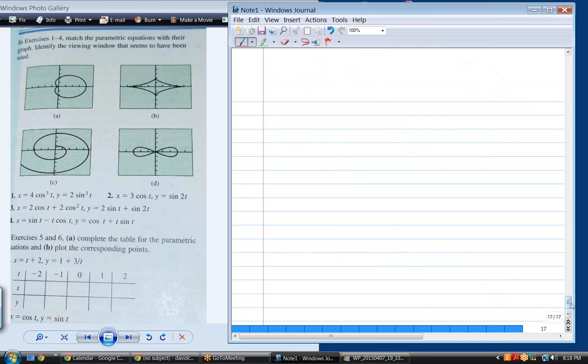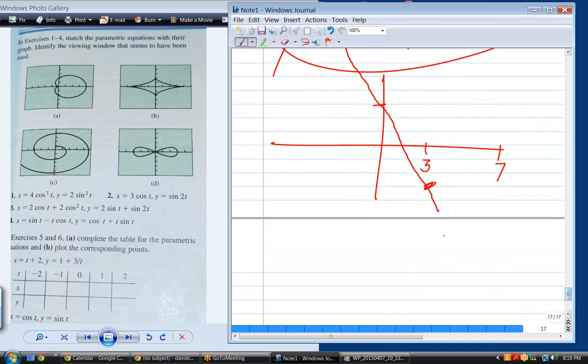In other words, the line we're looking at is not the full line, it's just this part of it, from here to here. And we would erase that part, because t only can be 3, 4, or 5. And that correlates to an x going from 3 to 7.